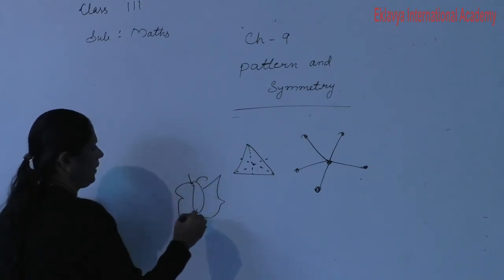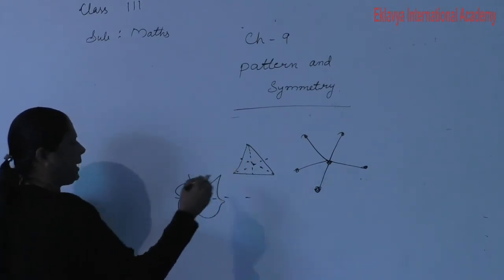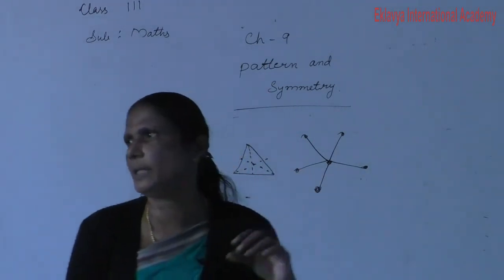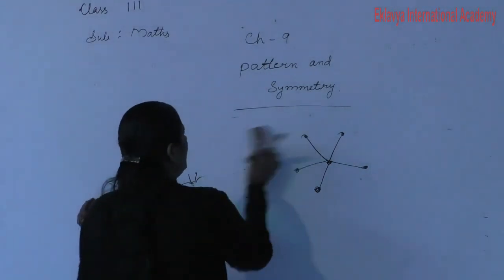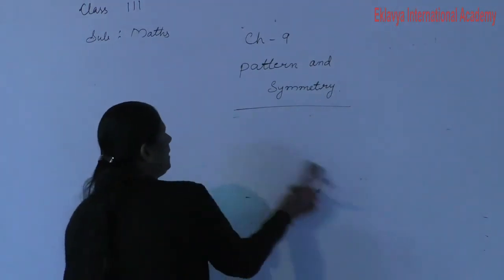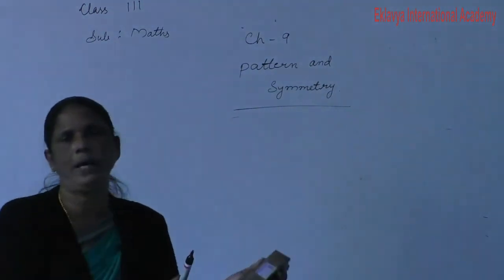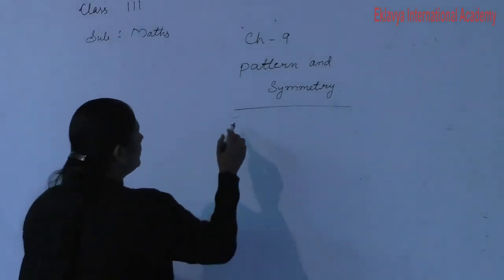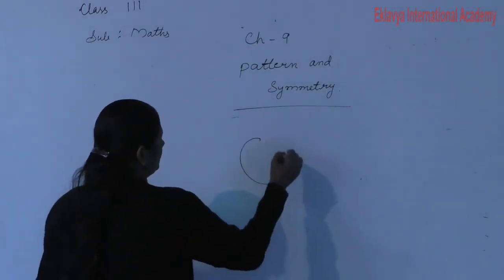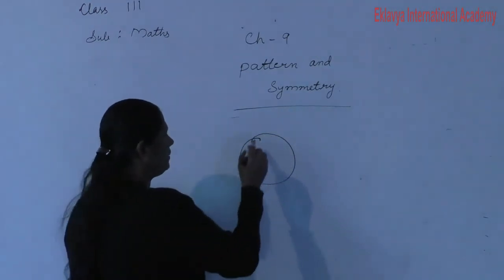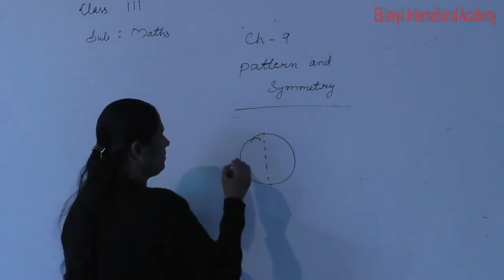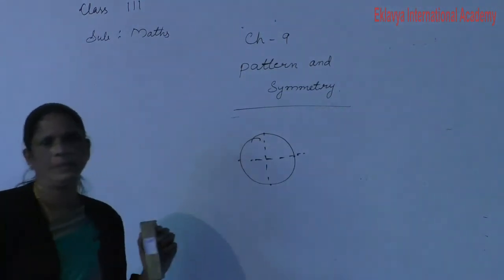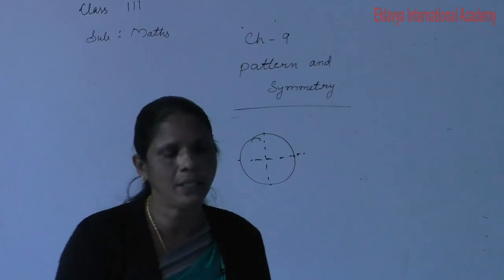This is the symmetrical part of the butterfly. We cut half of the butterfly, a symmetrical cut. Then this is symmetrical in shape. And then a ball. This is a circle. You cut this into symmetrical parts. These are the symmetrical parts.